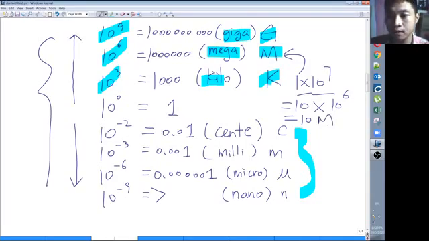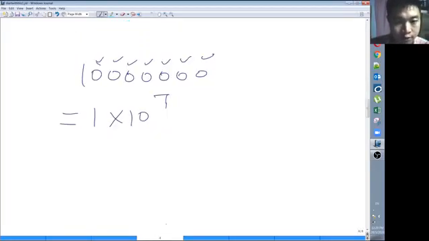I hope you know how to make use of standard form and some of the letters here used to represent standard form numbers. Let me conclude this with a final example.